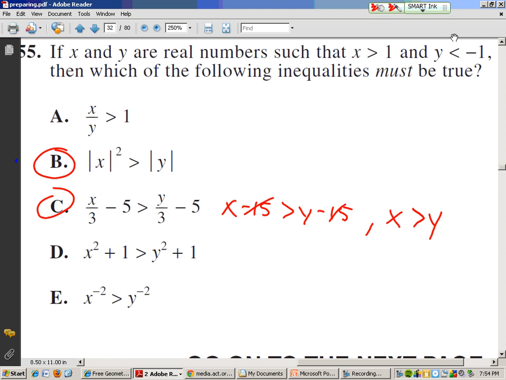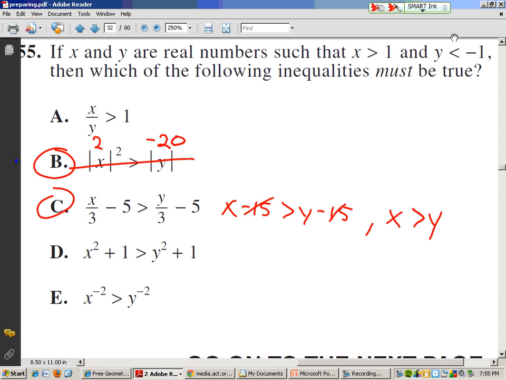Let's take a look at this one. If I have x squared greater than y, since these are absolute values, no, you're right. This one can't be, because what if I made y like a negative 20, and this is a 2? So this one is not going to be true.